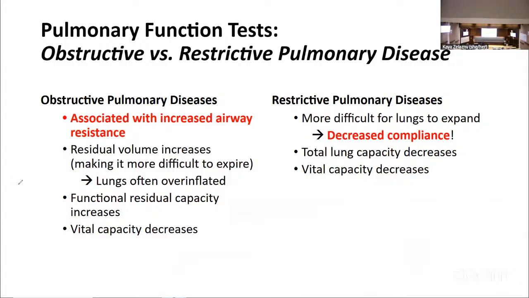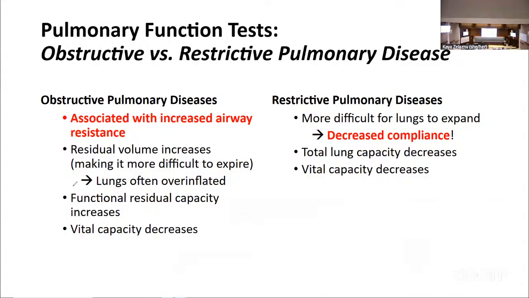Even kind of when you're trying, we often see that residual volume that's left kind of stuck in your lungs building up, creating an overinflated lung as you still try to move enough air to get enough oxygen and breathe out enough carbon dioxide. And along with that residual volume increasing, we see our functional residual capacity increase. So that one we are adding together our residual volume and that expiratory reserve volume as well for that functional residual capacity. So that also goes up.